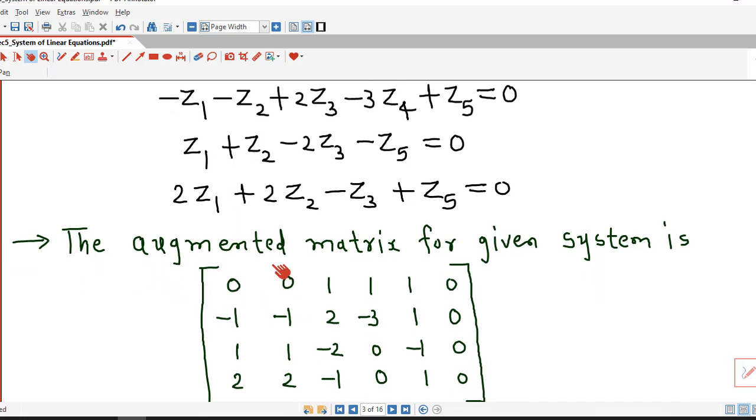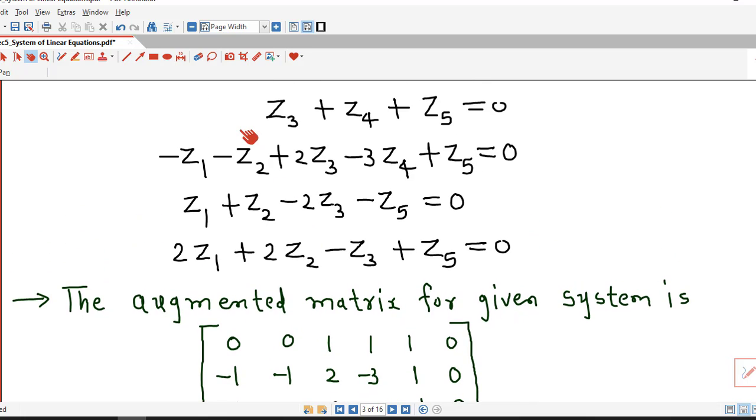In the second equation it is -1, then 1 and 2. Similarly there is no Z2 in the first equation, so 0, -1, 1 and 2.